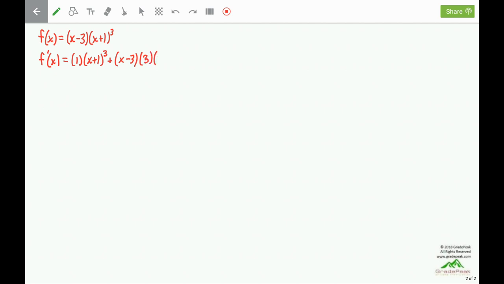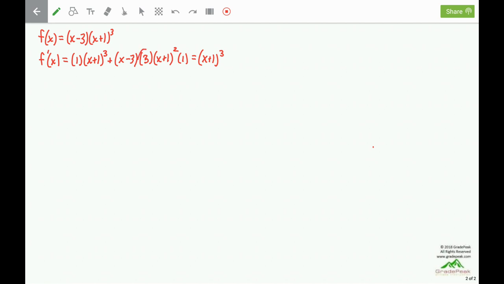Bring down the power, leave the inside alone, subtract 1 from the power, and then multiply by the derivative of the inside to complete the chain rule. The first term is 1 times an expression. 1 times anything is the same thing, so it'll be x plus 1 cubed.